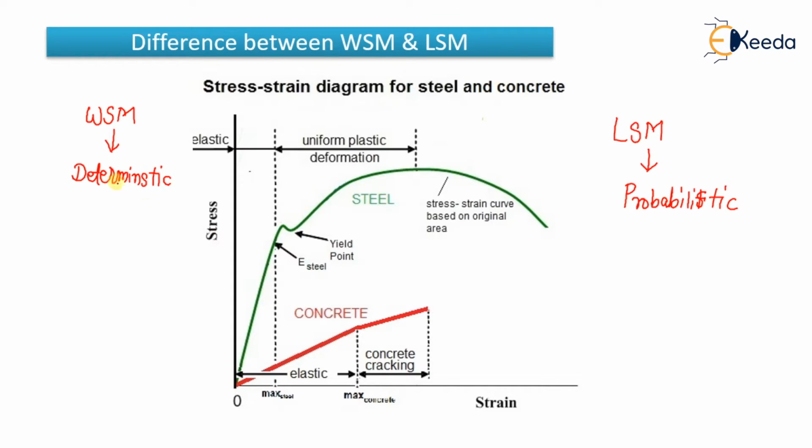See, in working stress method I told you up to yield limit only, up to yield point, we will stress the material. For example, if we stress up to here, it is a linear line.